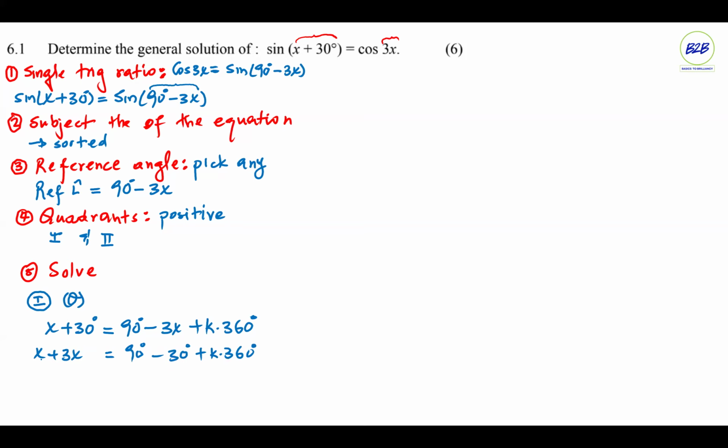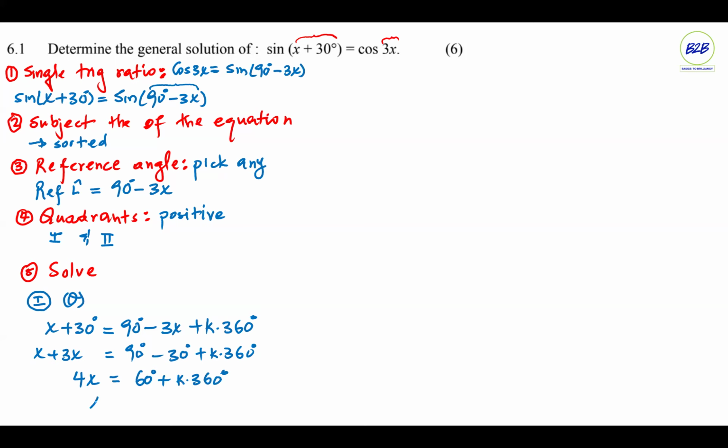Now x plus 3x, that becomes 4x, equal to 90 minus 30 degrees, that gives us 60 degrees plus k times 360 degrees.